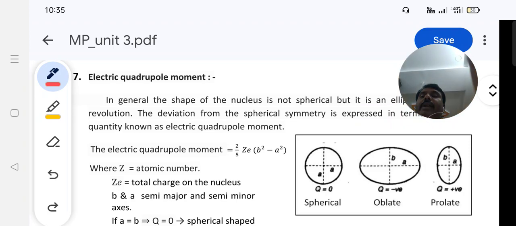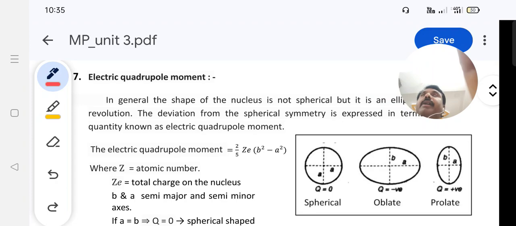The electric quadrupole moment has the mathematical formula 2/5 Z times e times b square minus a square. From the equation we can say that whenever a is equal to b, Q will be 0. That is, the quadrupole moment will be 0 whenever the nucleus assumes a spherical shape.